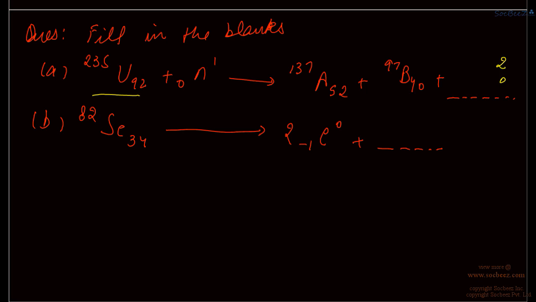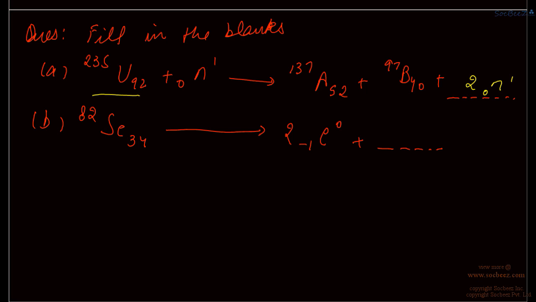Since there is no such species, atomic number should be changed by 0. Therefore, it gives off 2 neutrons. Okay. So if you know about nuclear fission and nuclear fusion, we have discussed it just a while ago.